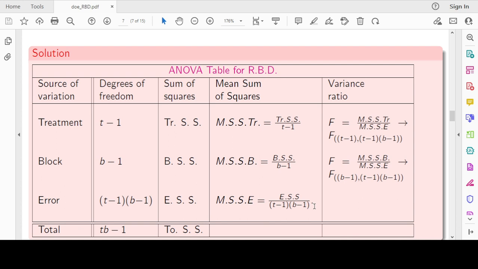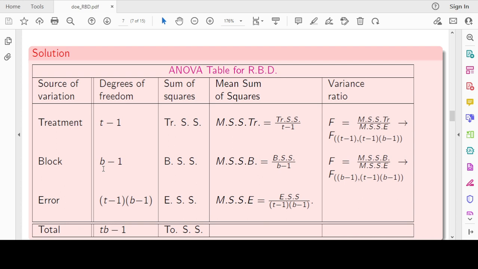Then all this information we are putting in the table. I have taken a general table firstly, and then we'll put the values in this table. Here in this case we have sources of variation: treatment, block, error, and total. Treatment, T treatments, so its degrees of freedom is T minus 1. B blocks, so its degrees of freedom is B minus 1 here.